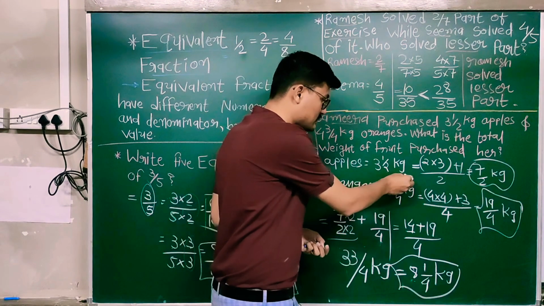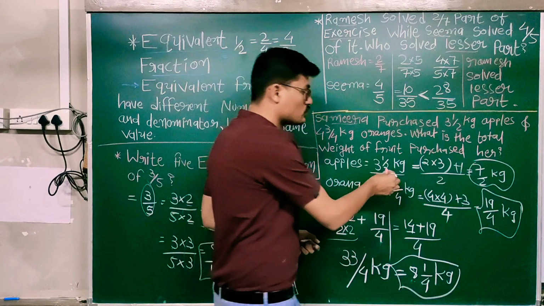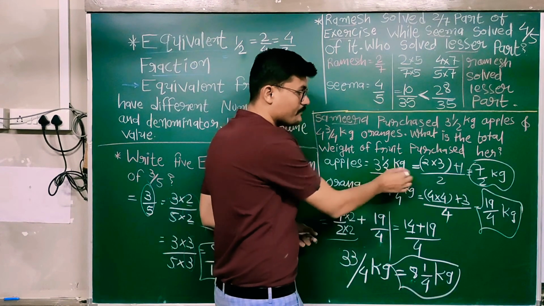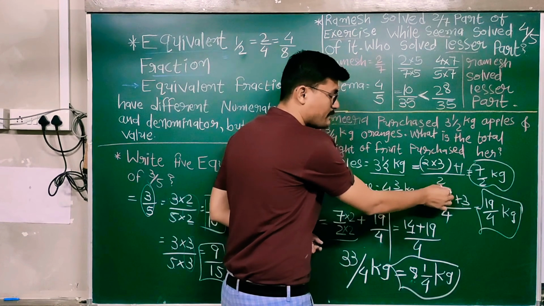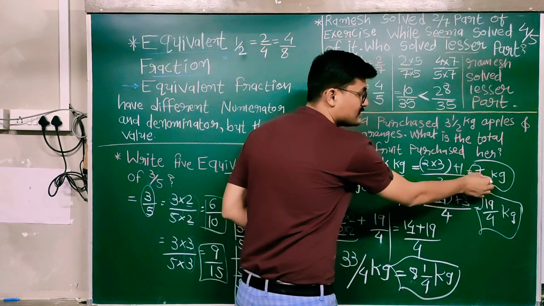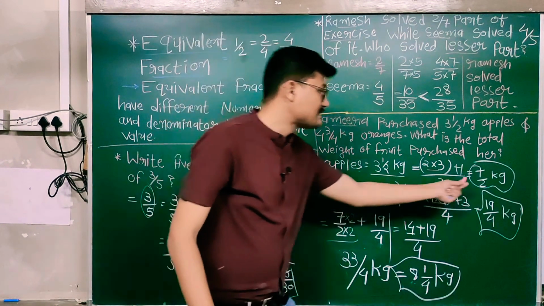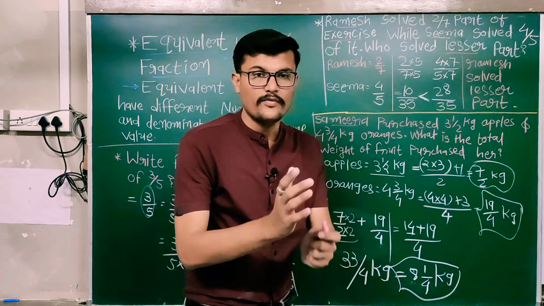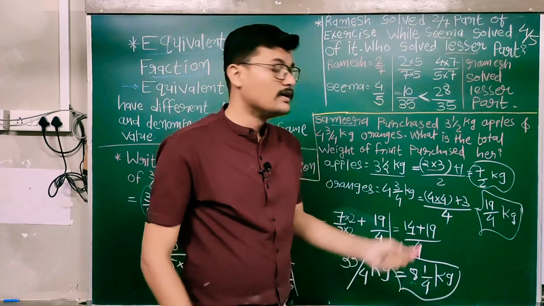So यहाँ पे let's see. We are taking 3 1.5 kg apples. So यहाँ पे what can I do? 2 3s are 6 plus 1 divided by 2 as it is. So I'm getting 2 3s are 6 plus 1, 7 upon 2 kg. So what is the total weight of apples? 7.5, यानी कि 3.5 kg apples purchased by Samira.